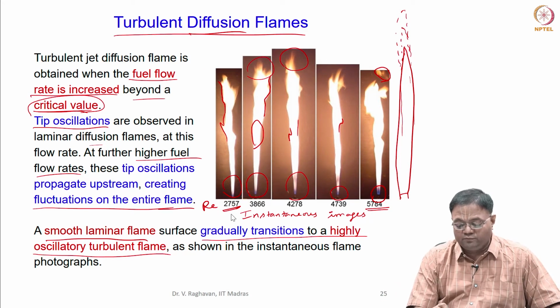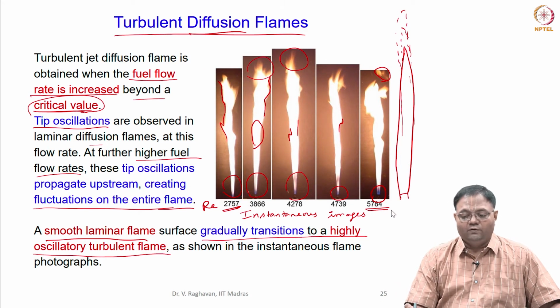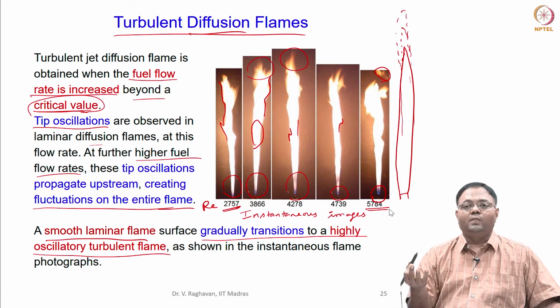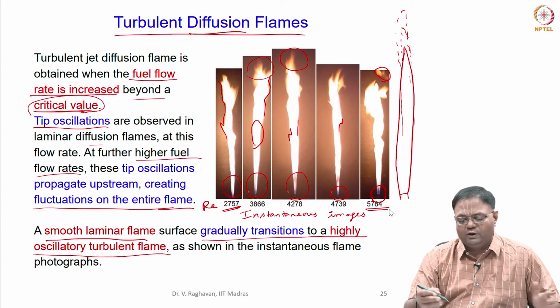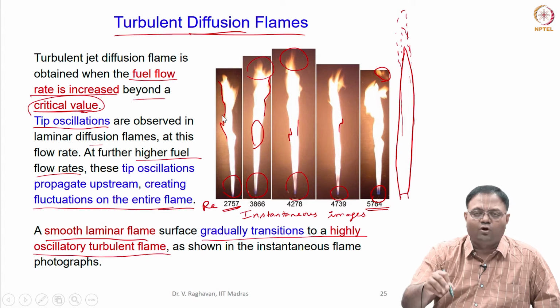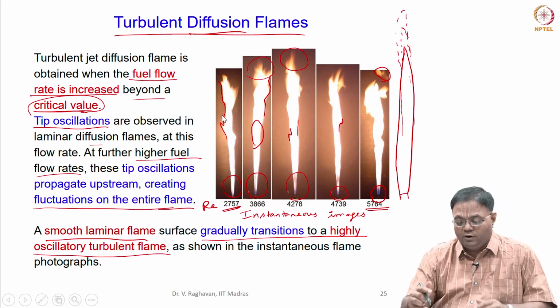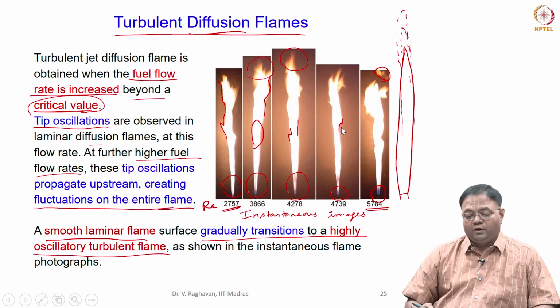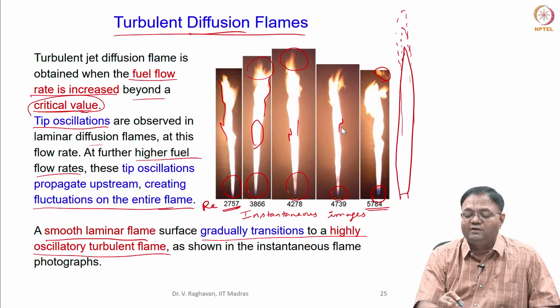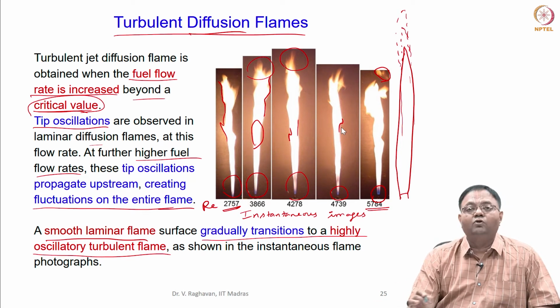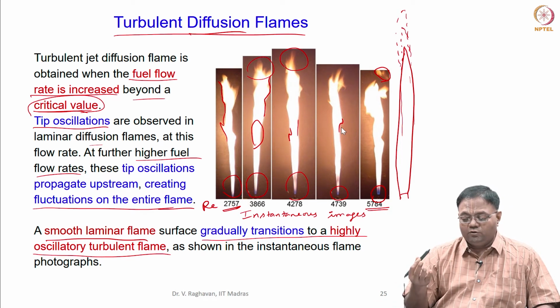For a Reynolds number of 3000 to say 6000, the length is not changed much. When you take the axial oscillations, they are not much here, only the oscillations in the surface are very high. So, if you take the average value of the flame heights here, it will be almost the same. It is not going to vary much.